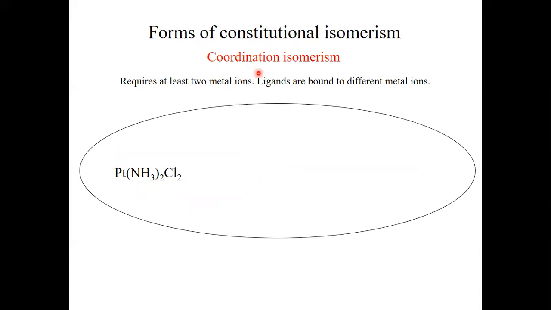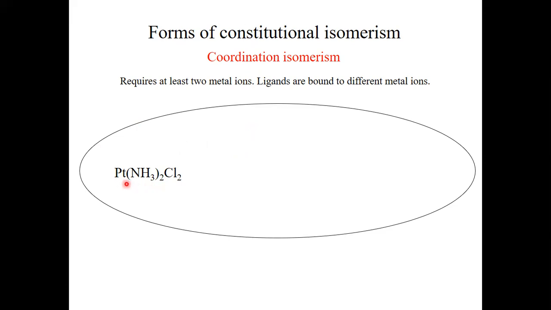The next form of constitutional isomerism is the coordination isomerism. This form of isomerism requires that at least one isomer has two different metal ions, and the ligands are bound differently to the different metal ions.